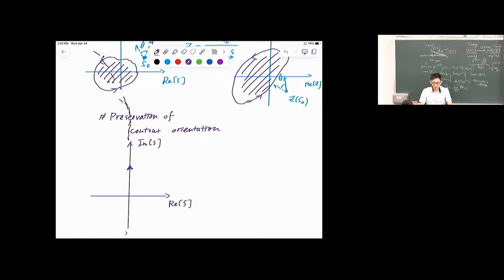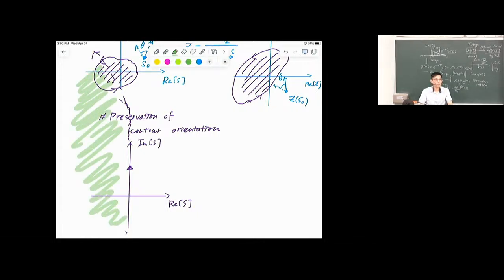So if you imagine that, then going clockwise and counterclockwise means that the inside is on the left-hand side. Inside of this infinitely large circle, this disk, its inside is left-hand side, right? But we have just told you that conformal mapping preserves orientation.